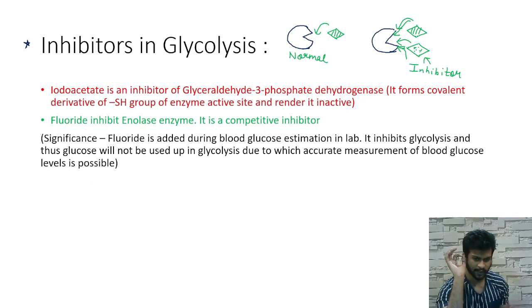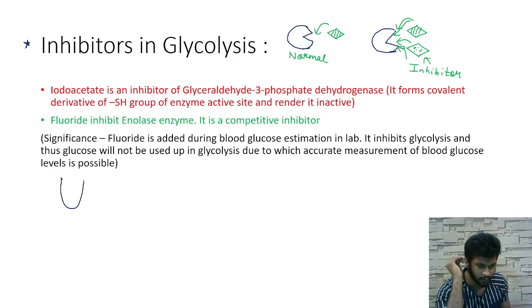The significance is that fluoride is added during blood glucose estimation in labs. It inhibits glycolysis and thus glucose will not be used up in glycolysis, due to which accurate measurement of blood glucose level is possible. Now let us understand this with an interesting example.